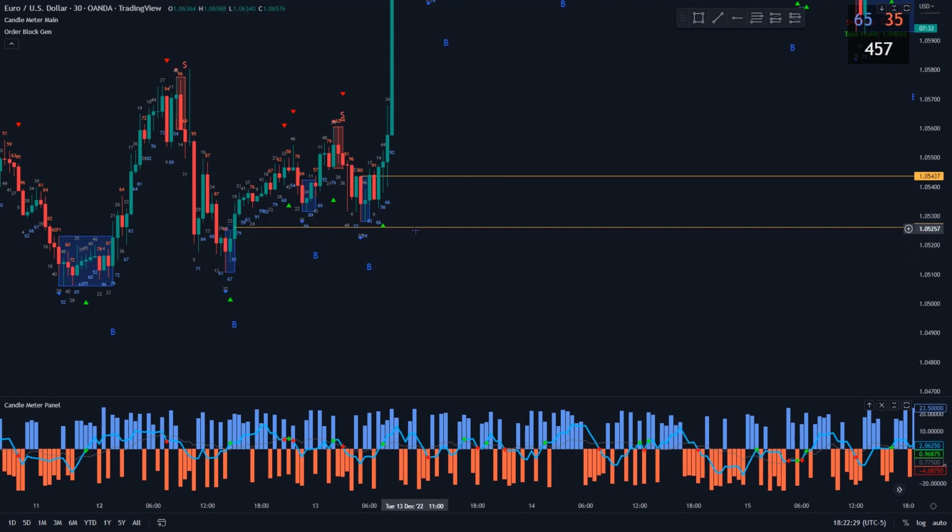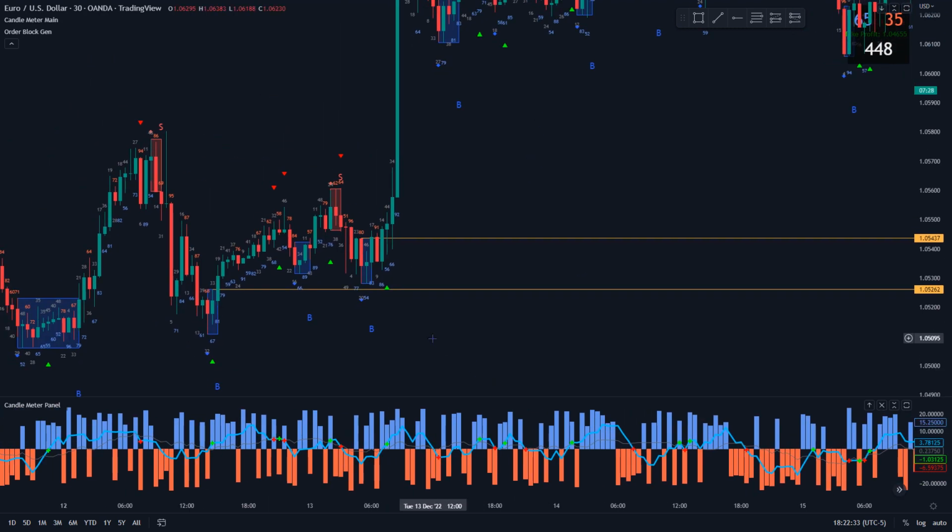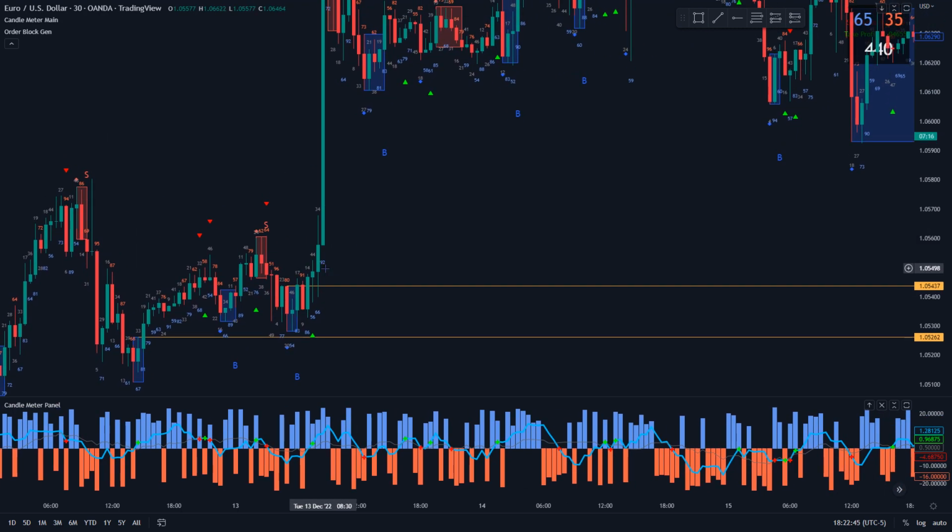Sure, it could poke below it before moving up, but if we see this high was not closed above with a strong candle, very weak candles moving up, only until we see this one with 92 break above this high originated from this order block.